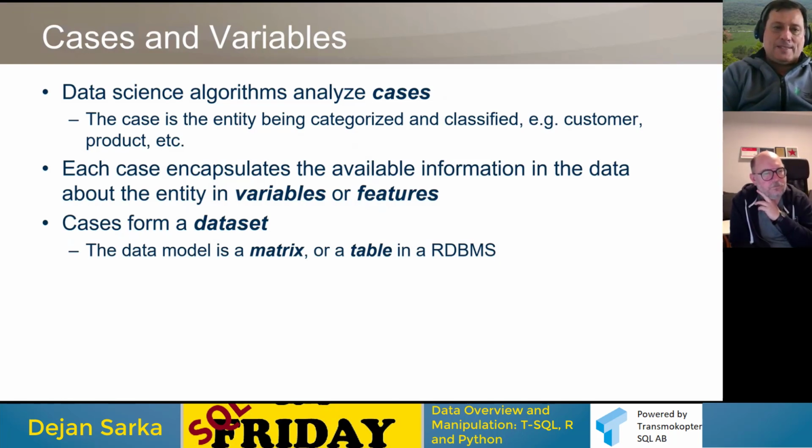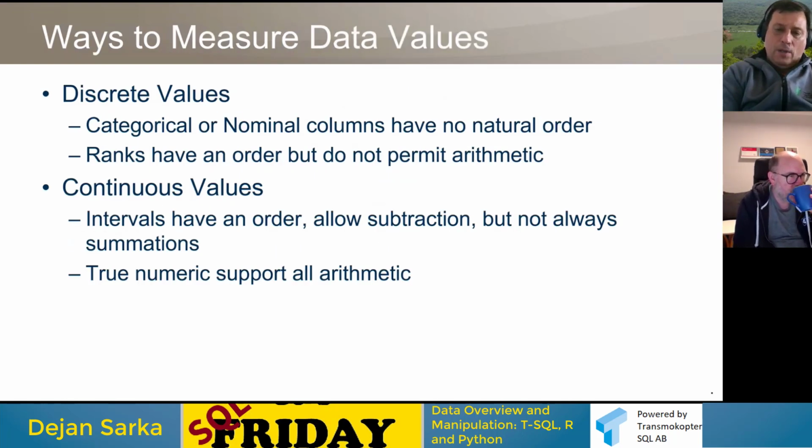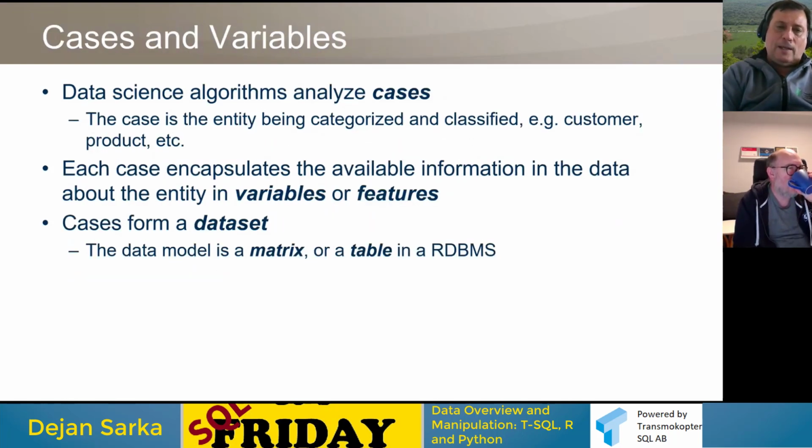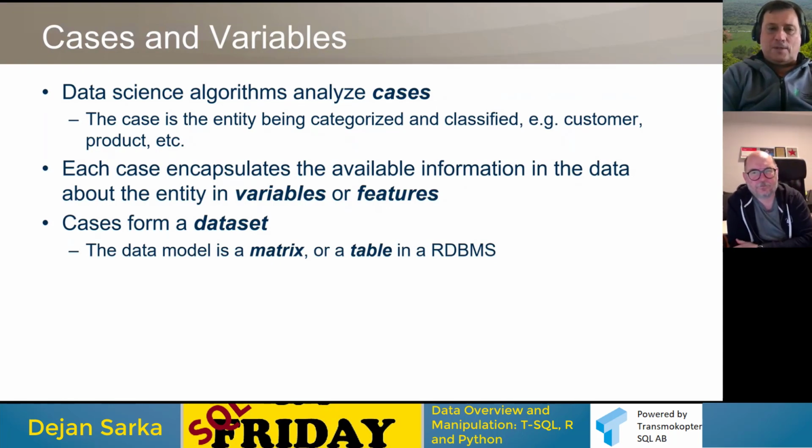Now, what we analyze, we call a data set. A data set can be represented in some product as a matrix, as a table, or, worth mentioning, in R and Python, we use data frames. So a data frame is an object that is kind of a mixture of matrix and table. It has columns with names.